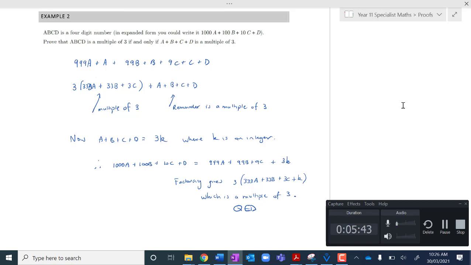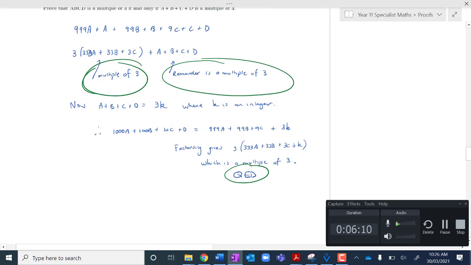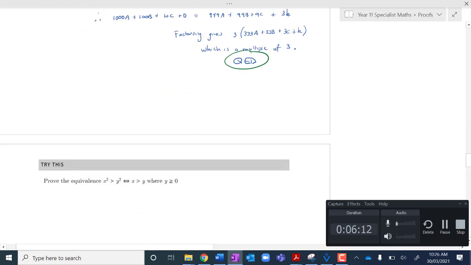We've broken that up and taken out a common factor of 3, and clearly, if this is a multiple of 3, then this remainder must also be a multiple of 3. And likewise going the other way. And of course, once we've proven it, we can say QED. Therefore, it is shown.